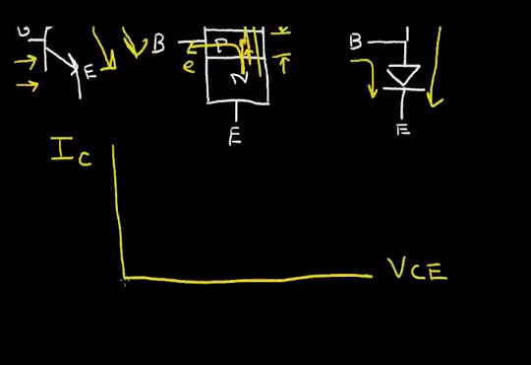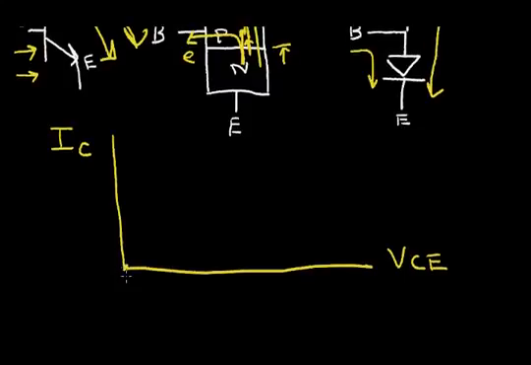Now if I plot a typical characteristic, let's say I put a little bit of base current in, I'll get 0 here. Then do something like this. There'll be a slight slope, and eventually the transistor will break down, and I'll get a huge current flowing.